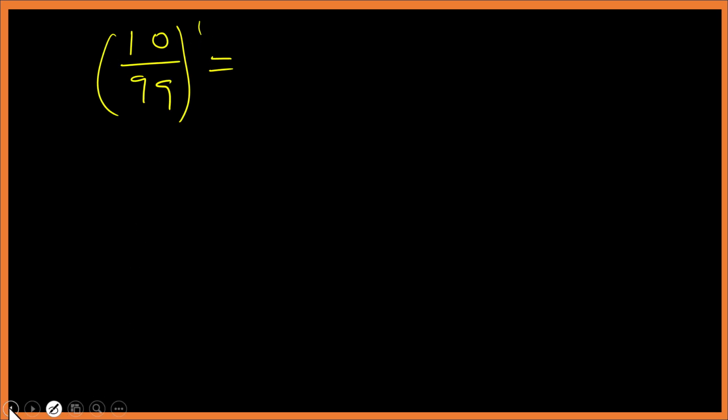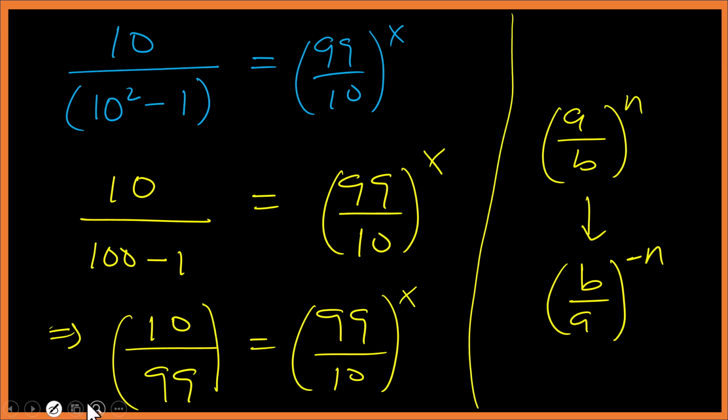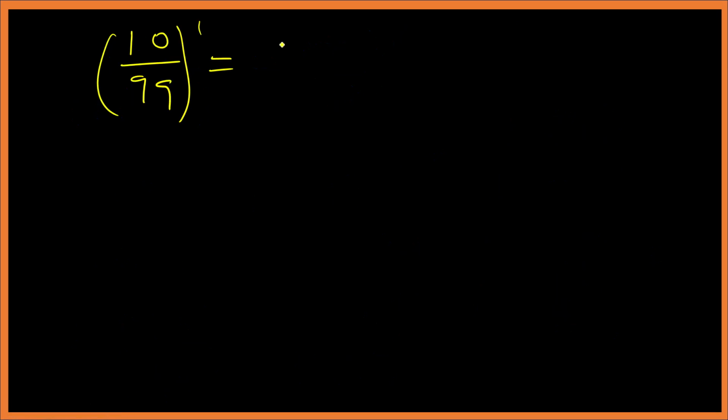I have 10 over 99 on this side, which is the same as the power 1. We make the other side 10 over 99, and the power also changes to negative.